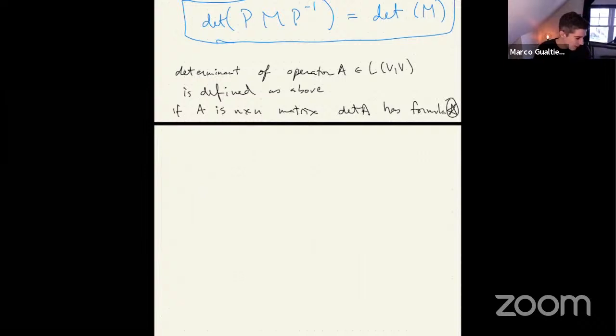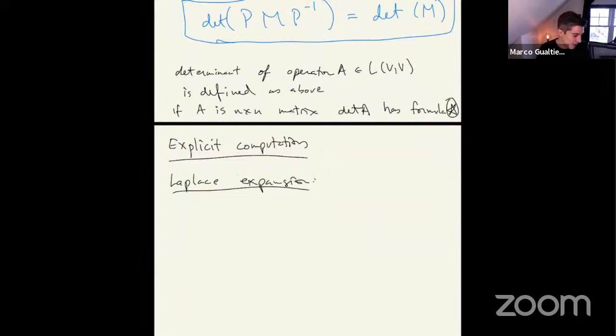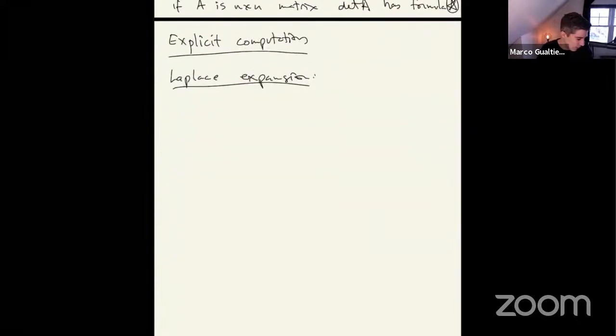Now I just want to point out that there's something called the Laplace expansion, which is the method that we normally use to compute determinants. For explicit computations, we use this thing called the Laplace expansion. Let me explain it now.